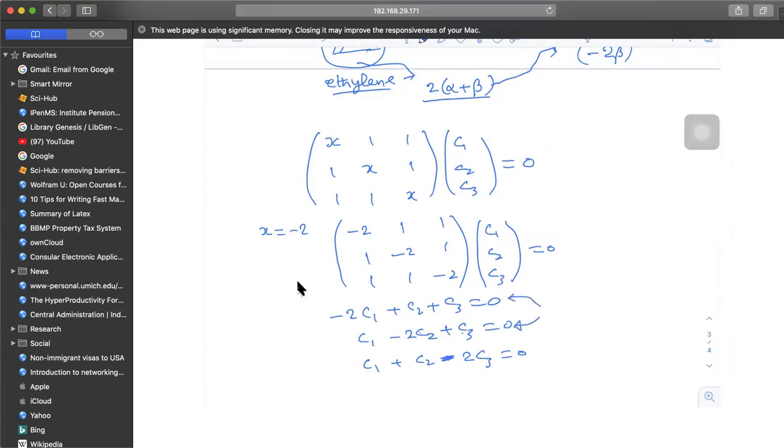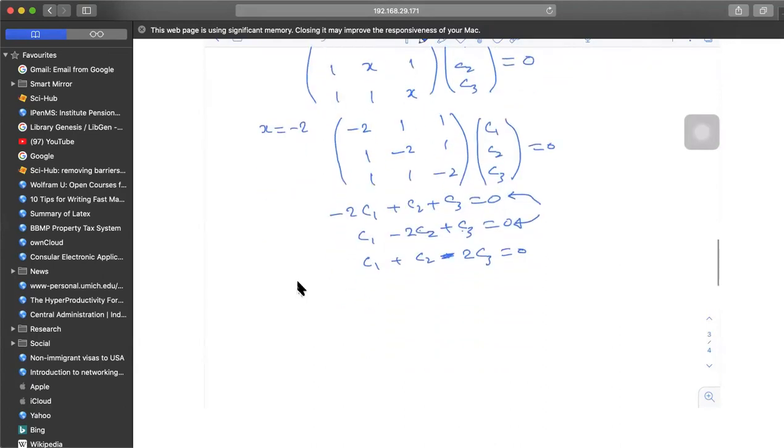The idea is I want to cancel C3. So if you subtract the second equation from the first, the result is minus 3C1 plus 3C2 must be equal to 0, which implies that C1 is equal to C2.